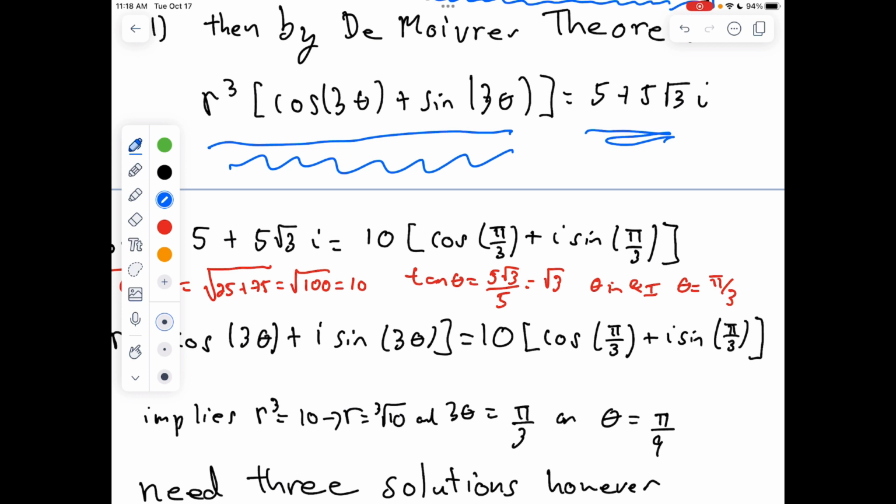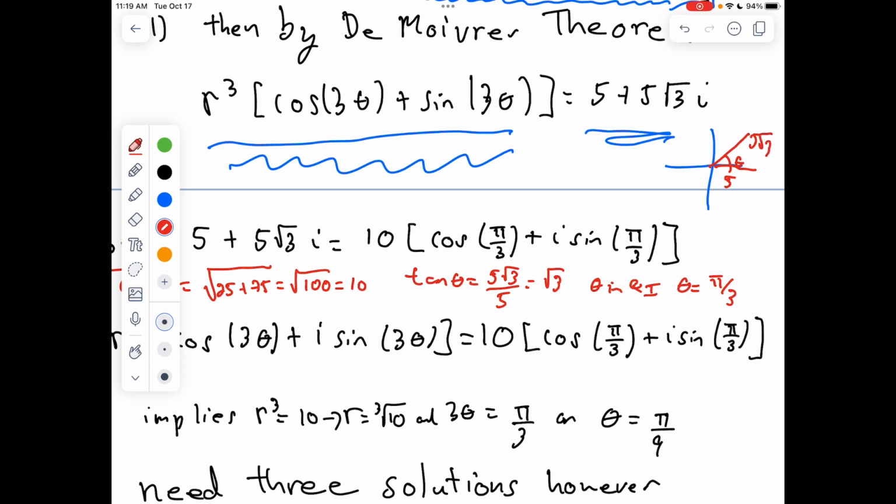And your angle is in quadrant 1. How do you know that? We don't show this, but we're technically drawing out the complex plane here. The angle you form has x as 5 units and y as 5 root 3.